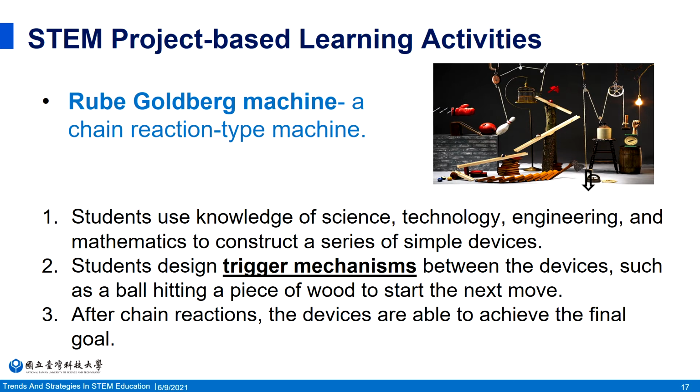In these activities, the students need to use the knowledge of science, technology, engineering, and mathematics to construct a series of simple devices. And the students need to design trigger mechanisms between the devices, such as a ball hitting a piece of wood to start the next move. After the chain reaction, the device needs to be able to achieve the final goal.